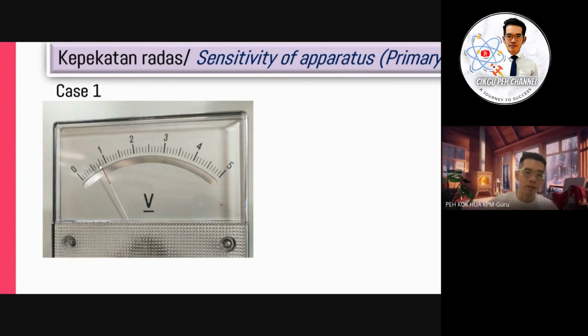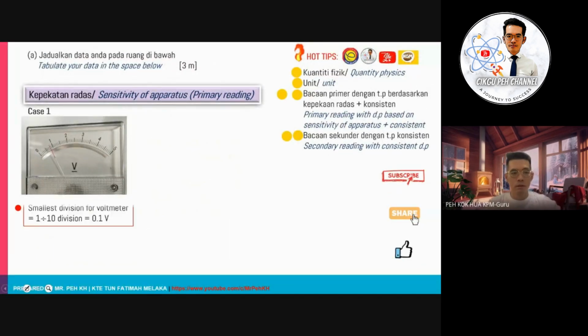So with the 0.8. Okay, so here the smallest division for my voltmeter will be 1 divide 10 equal to 0.1 volt. So your apparatus sensitivity might be different from mine, so you just refer to the same method.